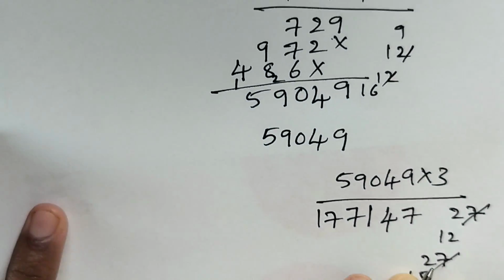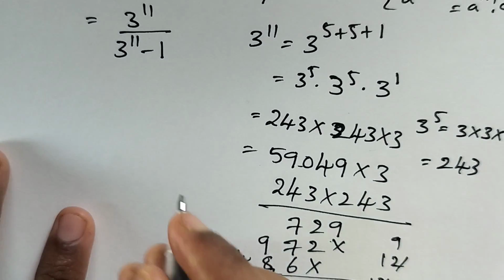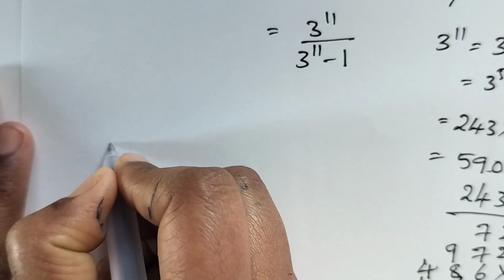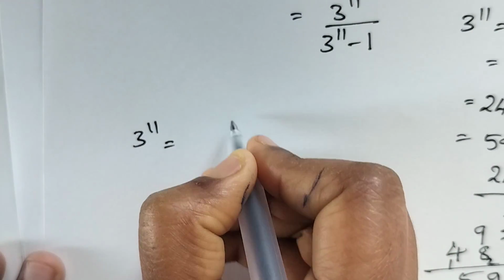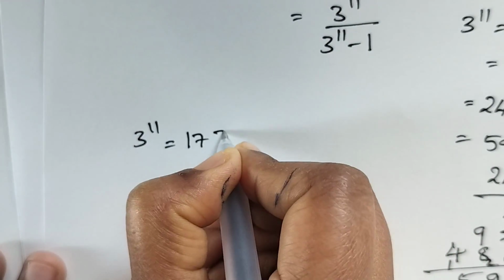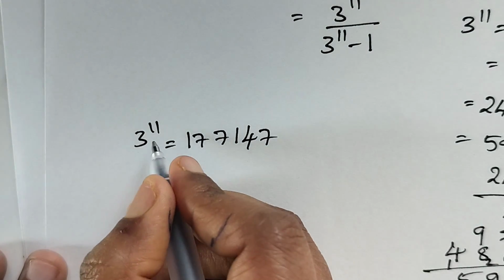So here we got 3^11 equal to 177,147. So this is the value of 3^11.